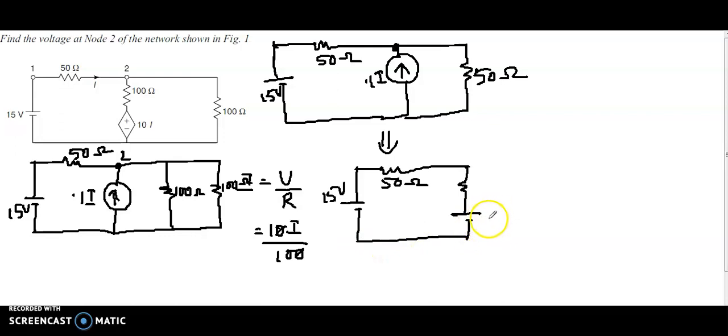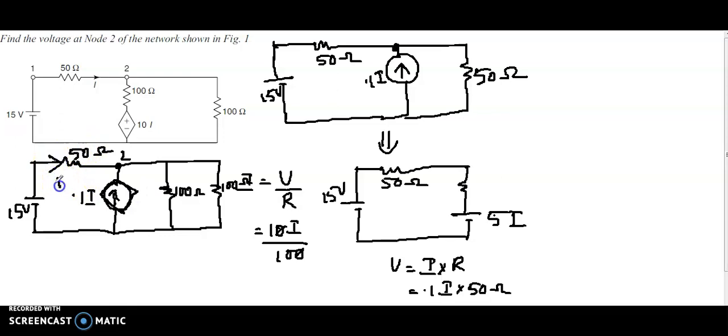Here V is equal to I into R. I is equal to 0.1 I, R is equal to 50 ohm. That is 5I. 5I is the voltage here. Sorry, we have to draw it as dependent sources. These all are dependent sources because they depend on the current I in the circuit.